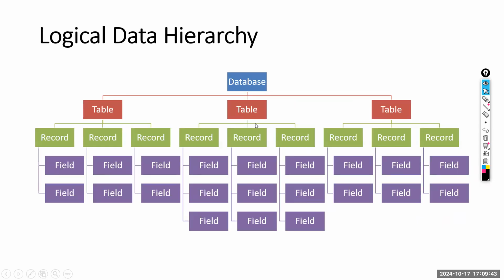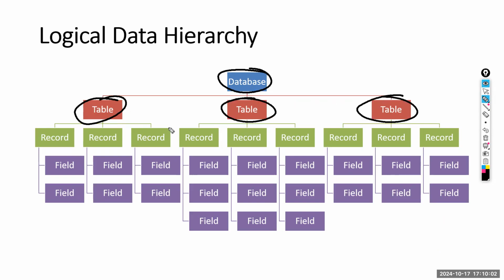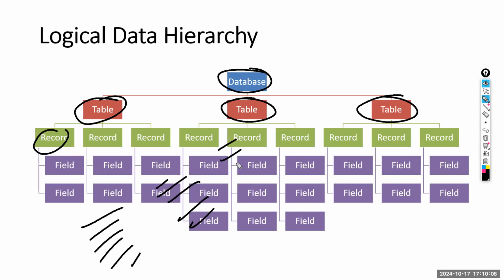So this is as a logic. How do you look at the database? As a logic. Remember, we are interested in the logical layer, or conceptual layer. So you look at the database as a set of tables or relations. And in each table you have records: student records, customer records, payment records.